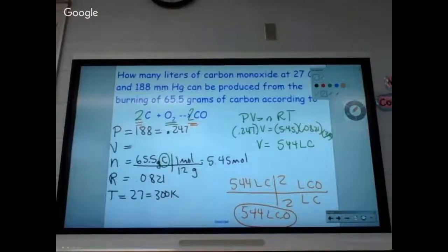So if it has one compound, what does that tell us? Use the PV, whatever. Which one? I don't even know.